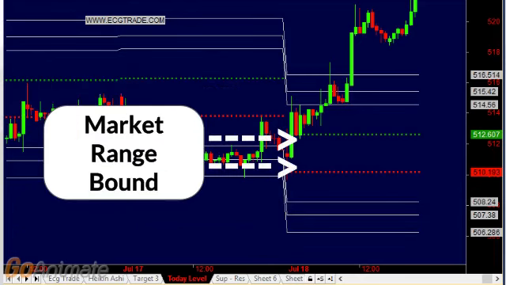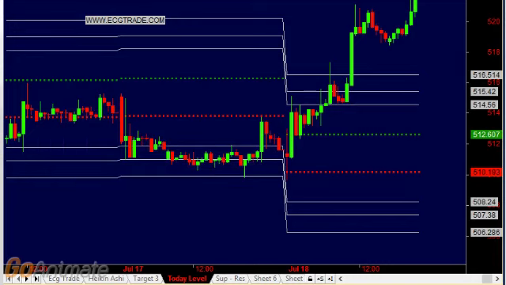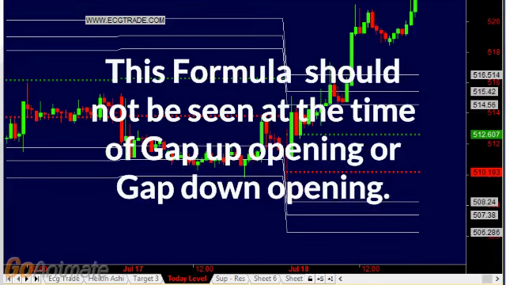If the market is trading between the green dot line and the red dot line, then the market is range bound. This formula does not show buy or sell signals, but shows profit booking levels, and it should not be used at the time of a gap up opening or gap down opening.